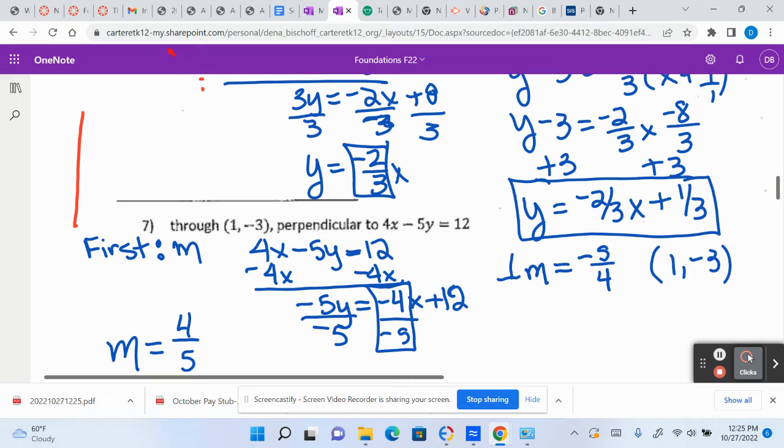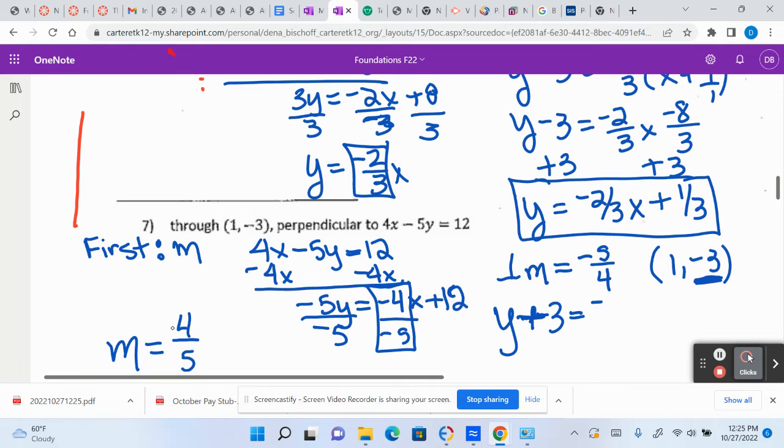Anyway, so what's the y1 coordinate from this ordered pair? Okay, so let's start with that. Y minus negative 3. What happens to minus a negative? Big plus. Equals my slope. What is my slope? What is my perpendicular slope?